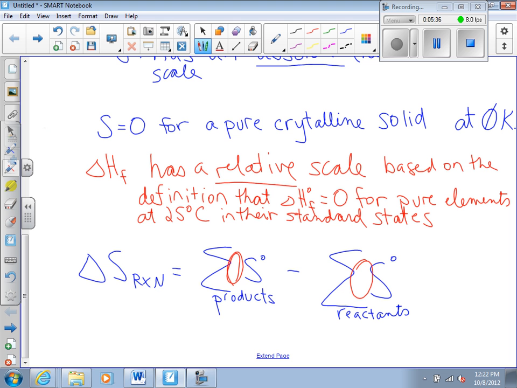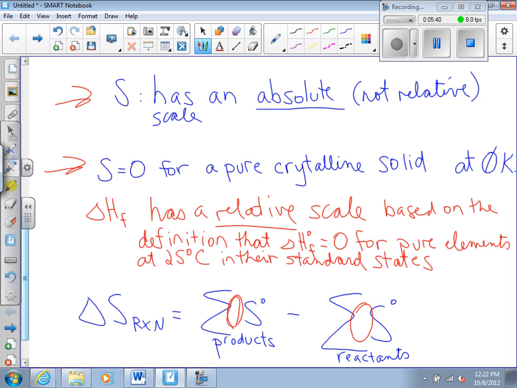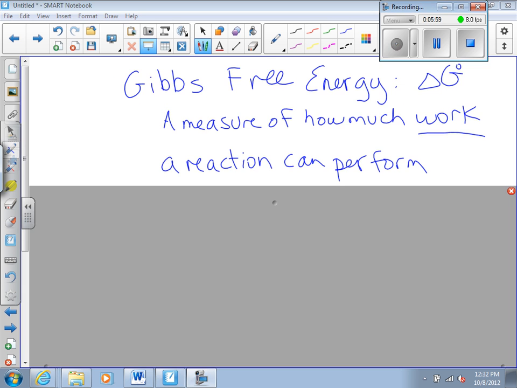And that's because of this absolute scale that we have. So we have no delta when we're looking at the products and the reactants for entropy. When we're looking at enthalpy, we would have delta H of formation in the products and the reactants.